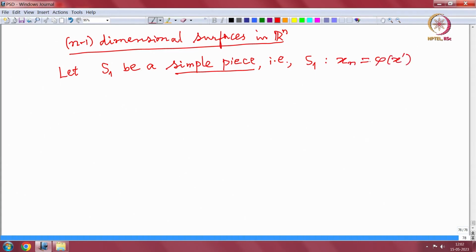I have chosen these coordinates for simplicity, but this could be any. So, this is in Rn.